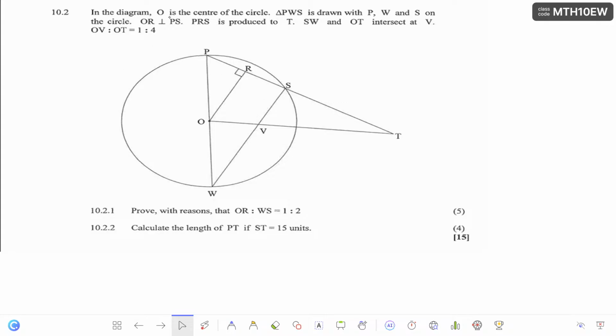Here they said in the diagram, O is the center of the circle, and triangle PWS is drawn with P, W, and S on the circle, and OR is perpendicular to PS. PRS is produced to E, okay?